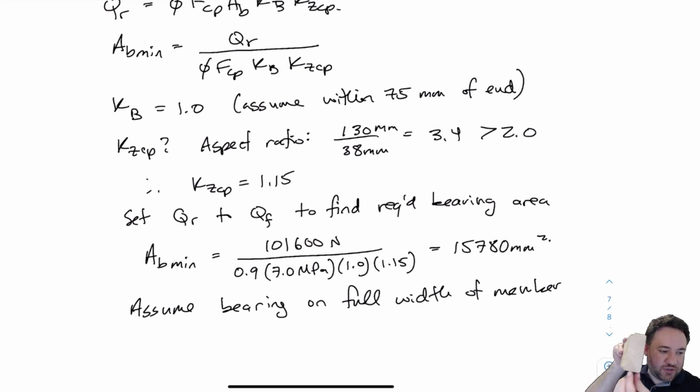Presumably that bearing surface is at least this wide, and probably it's wider, which means that the bearing area will be the total width of this times whatever is the length of the bearing. So this is going to be constant. So this is 130 in our case.